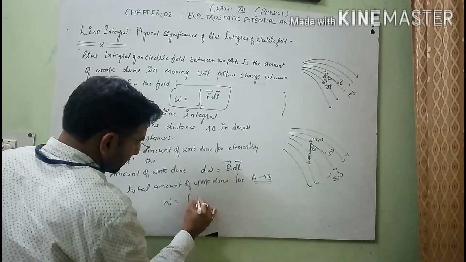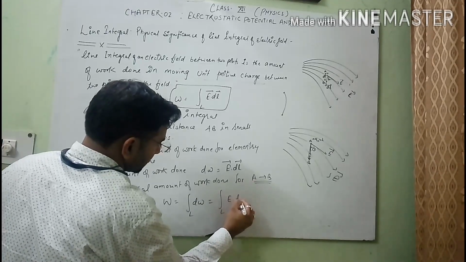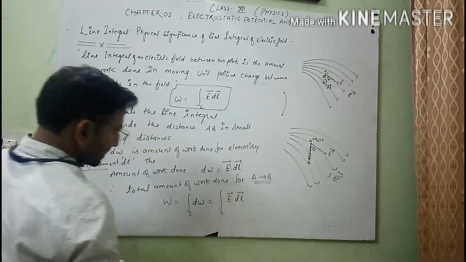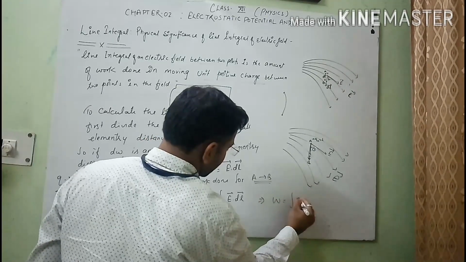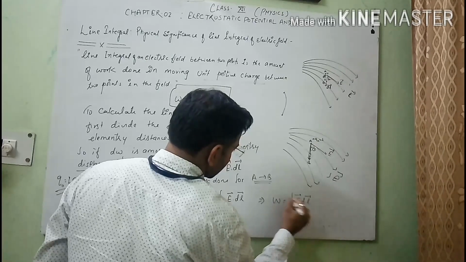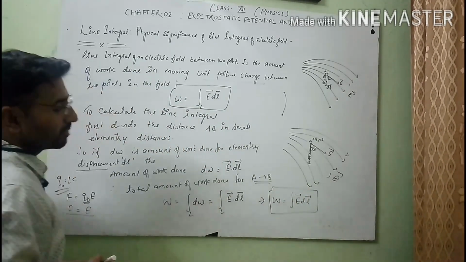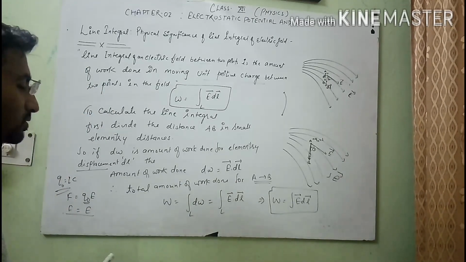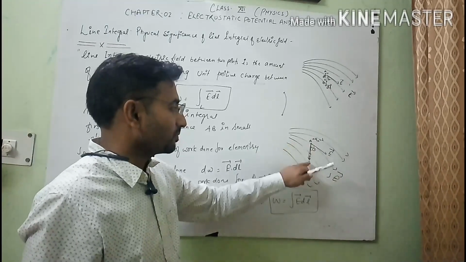So it will be dW, which is E dot dl. This is the amount of work done by the electric field to carry the charge from point A to B, or between two points.